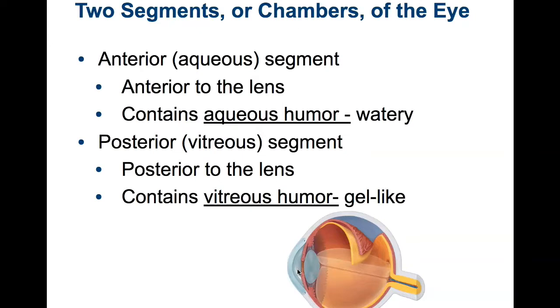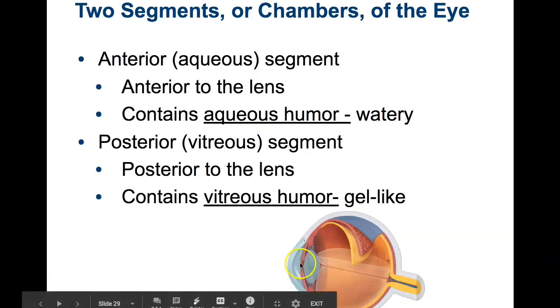And that's, in reality, all these humors are doing in our eye. This is what helps keep our eyeballs inflated, you could say. It's the different humors that we have. The anterior is going to be aqueous, and then our posterior segment is going to be the vitreous humor. And it says gel-like.